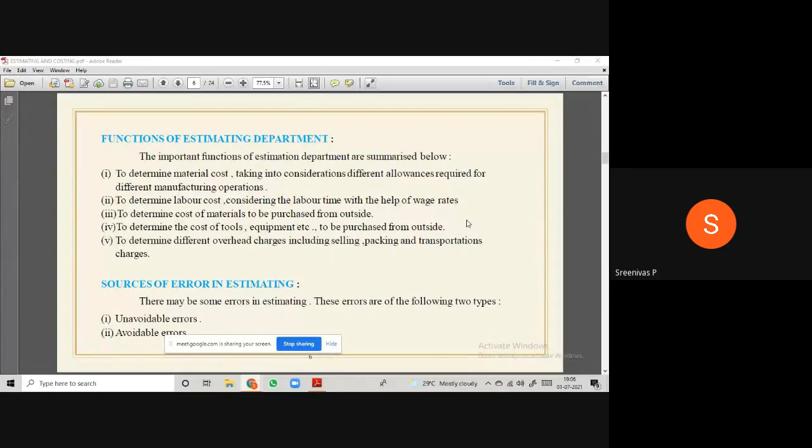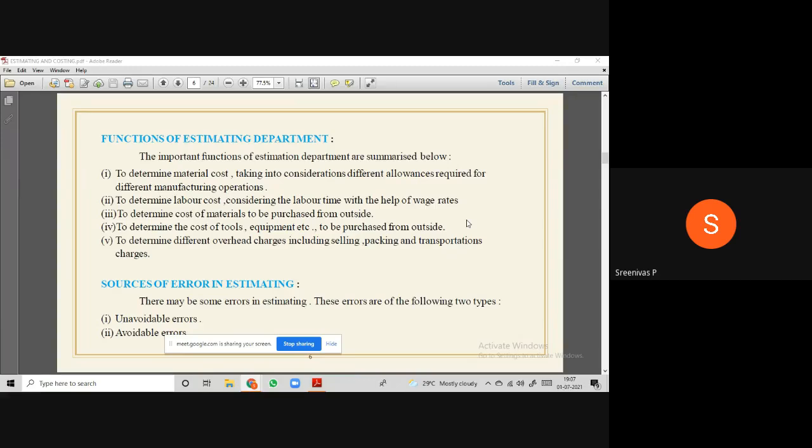And also it helps to decide whether a particular component should be purchased from the market or to be manufactured. Sometimes there will be ready-made small components. So we can purchase those components in the form of spares, and we can assemble them, if the cost is less. Otherwise, we will manufacture in our factory only. So like that we can decide.